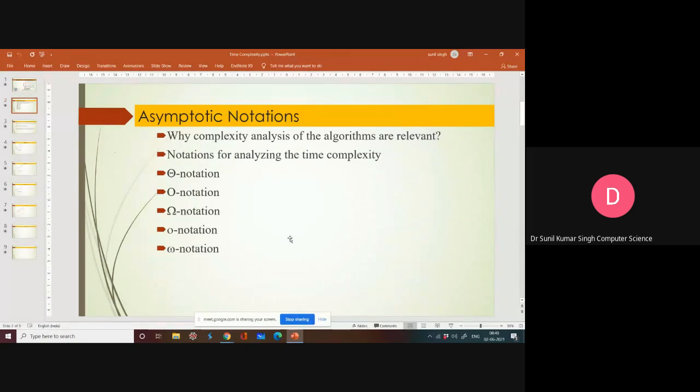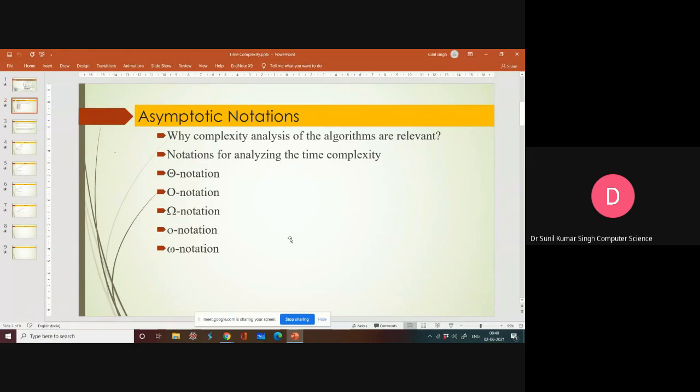I am very sure that if you focus on this class and pay attention to each and every point, then by the end of the class you will know how these notations play their role in analyzing the time complexity.